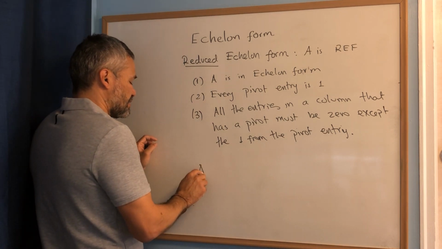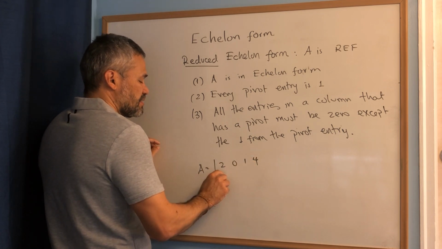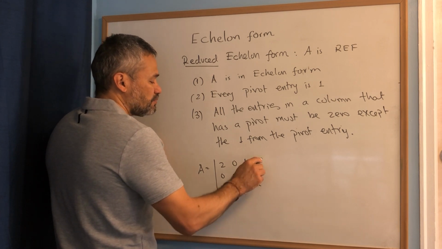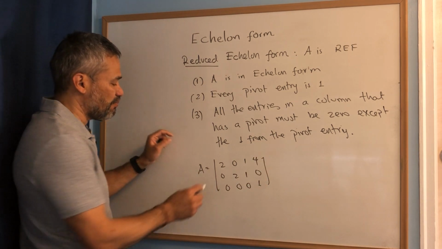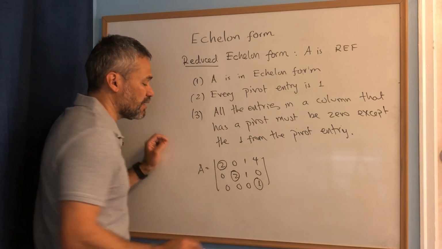If we have an example like A equal to 0, 1, 4, 0, 2; 1, 0, 0, 0, 0, 1, then we notice that the pivot entries are this one and this one.